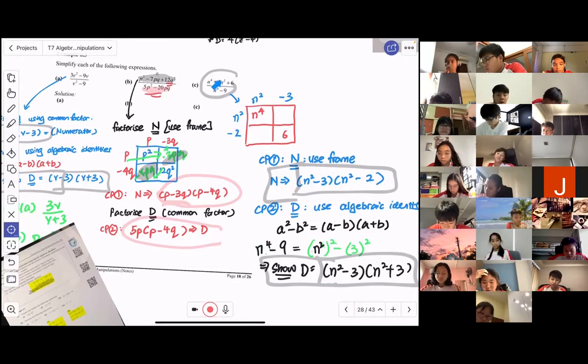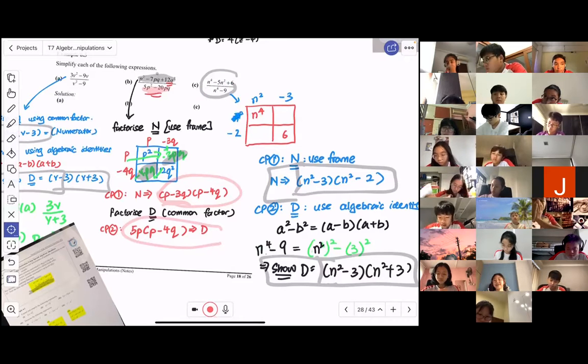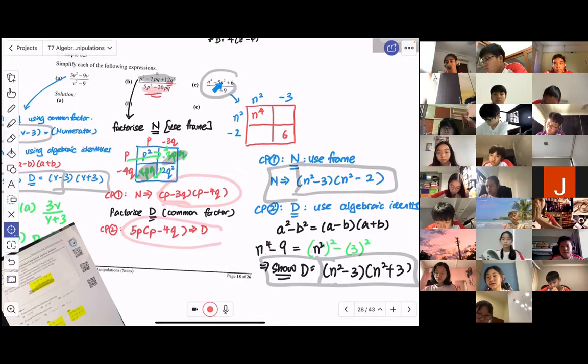For 6.3c, what you need to do is factorize your numerator. When you factorize your numerator, it's power 4, so it looks a bit scary. But can I say that power 4 can be power 2, power 2? Then for the plus 6, can I say it's minus 2, minus 3?